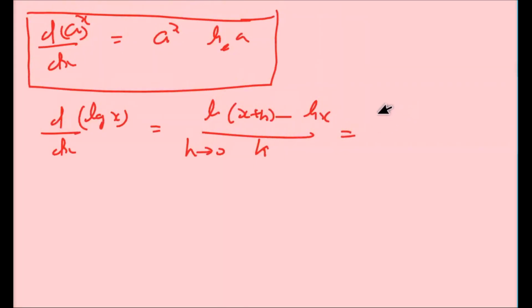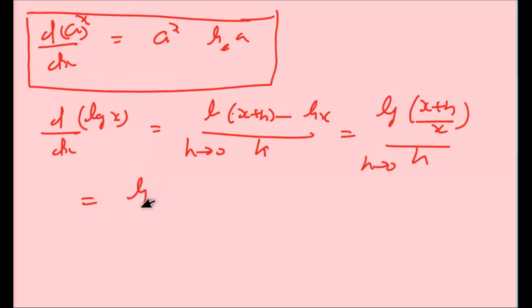Okay, now using log formula, log (m upon n) equal to log m minus log n, and taking x common by dividing, we can write here log (1 plus h upon x) upon h, h tends towards 0.